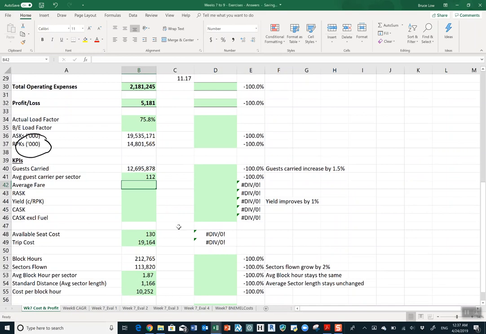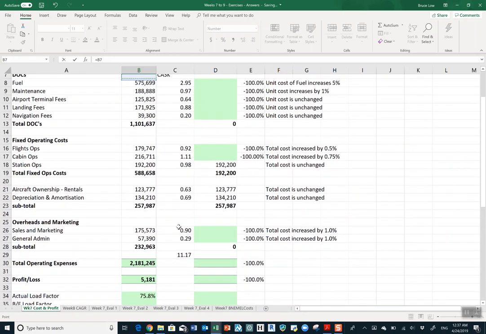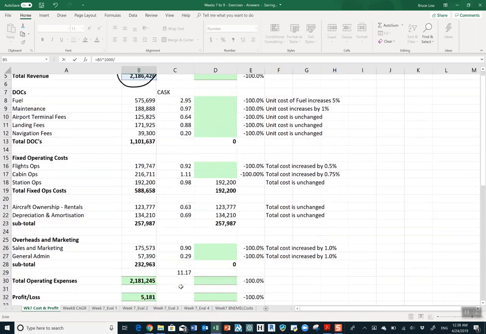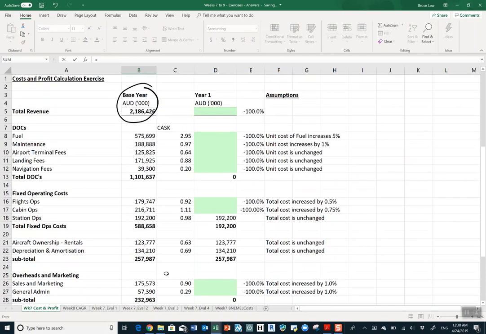Our average fare, we can actually calculate as our total revenue times 1,000 divided by the number of passengers. So it's $172.